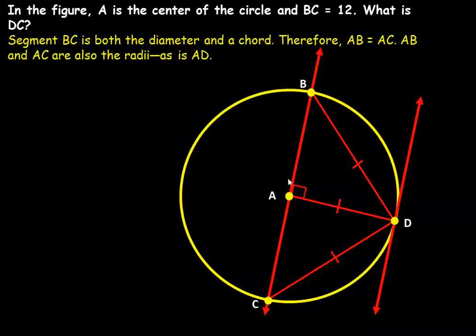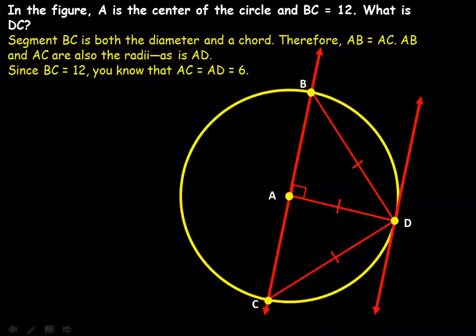Therefore, AB equals AC. AB and AC are also the radii, as is AD. Since BC equals 12, you know that AC equals AD, which equals 6.